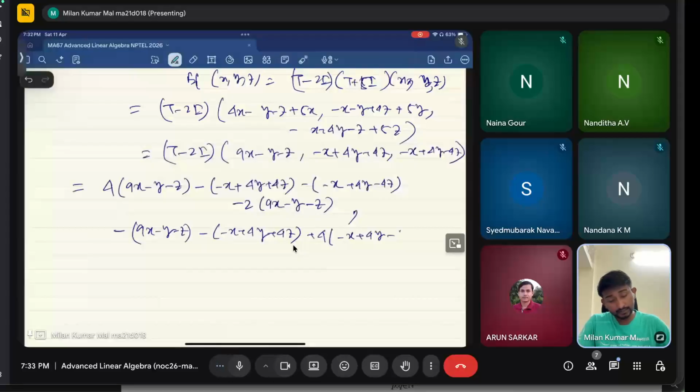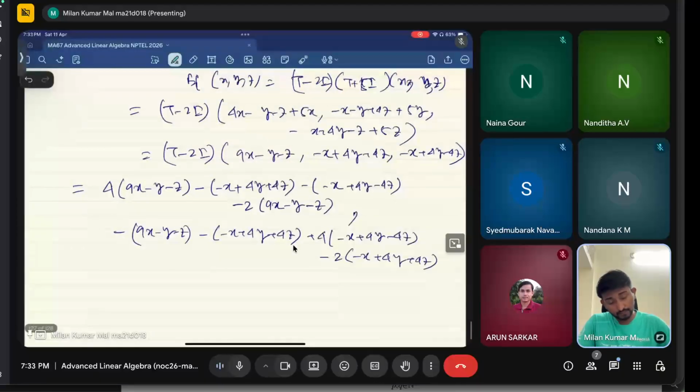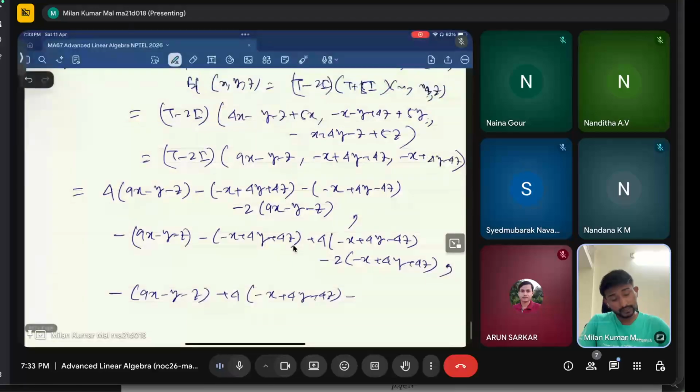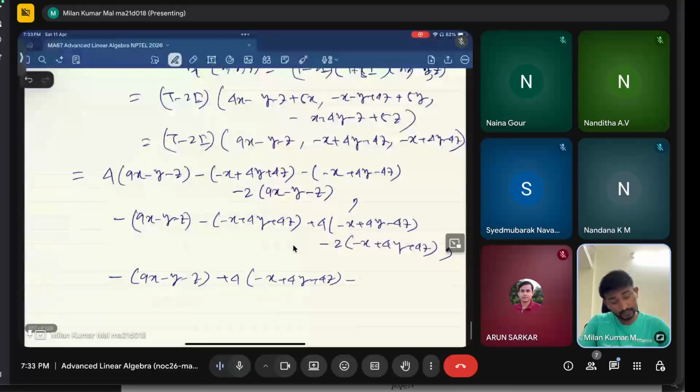And the third entry is minus x plus 4 times the second entry, x plus 4y plus 4z, minus z times the last entry. Yeah, minus z, that is the last entry. The last entry is actually minus x plus 4y minus 4z minus 2 times z, that is minus x plus 4y minus 4z.